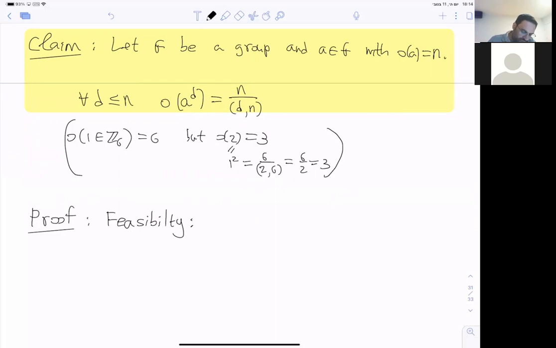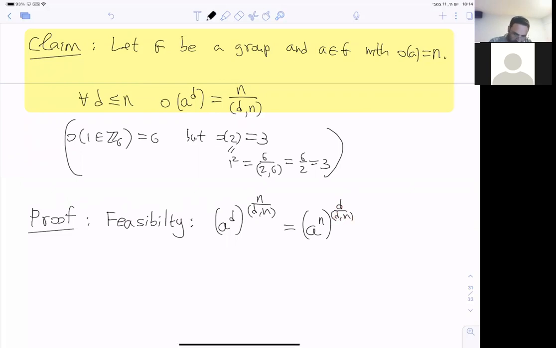So let us check a to the power of d to the power of n over GCD. Of course we can write it like this. By the way, I cannot write anything else here. I mean, this is an integer. Why is it an integer? Because this is the GCD, so it divides both d and n.